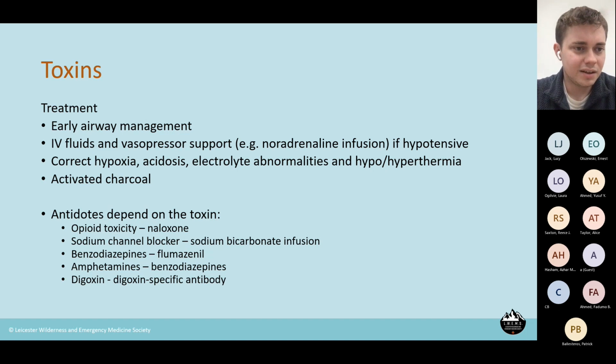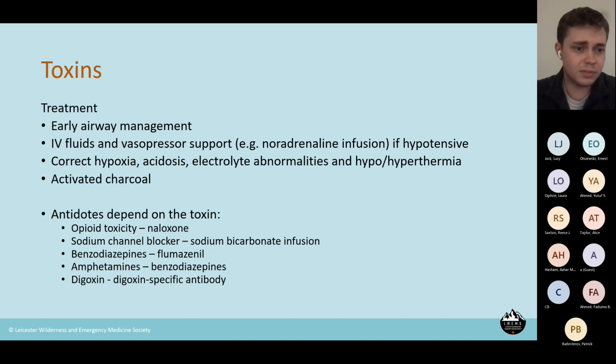So in terms of treating a toxic cardiac arrest, you want to think about airway management early, specifically tracheal intubation of unconscious patients instead of using a bag valve mask to decrease the risk of aspiration. And if they've got respiratory depression from opiates, then you want to think about ventilation for them.